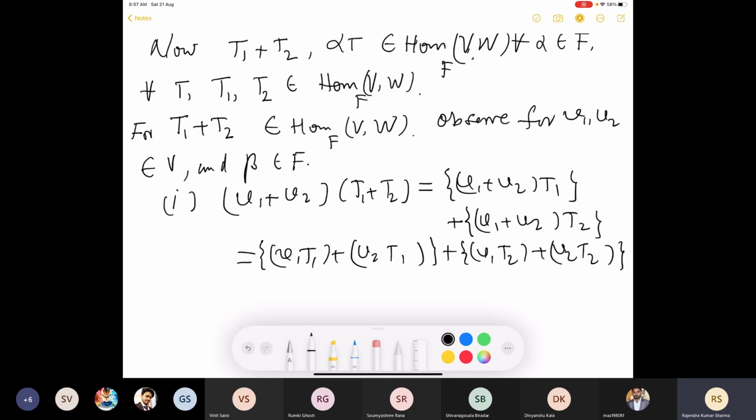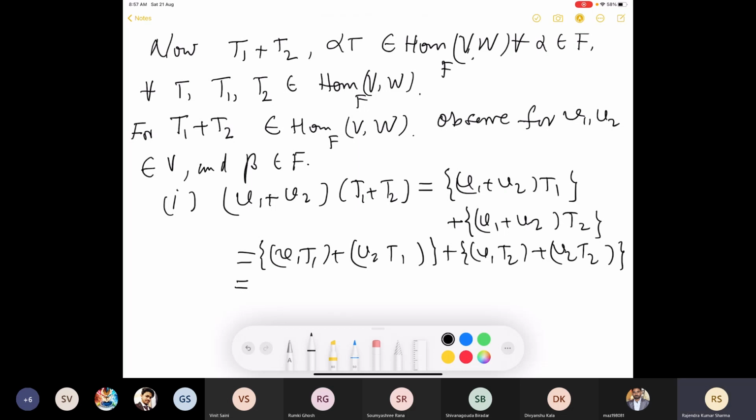All of these are in W. W is a vector space over F, so W is an additive abelian group, and all of these can be written in this order also.